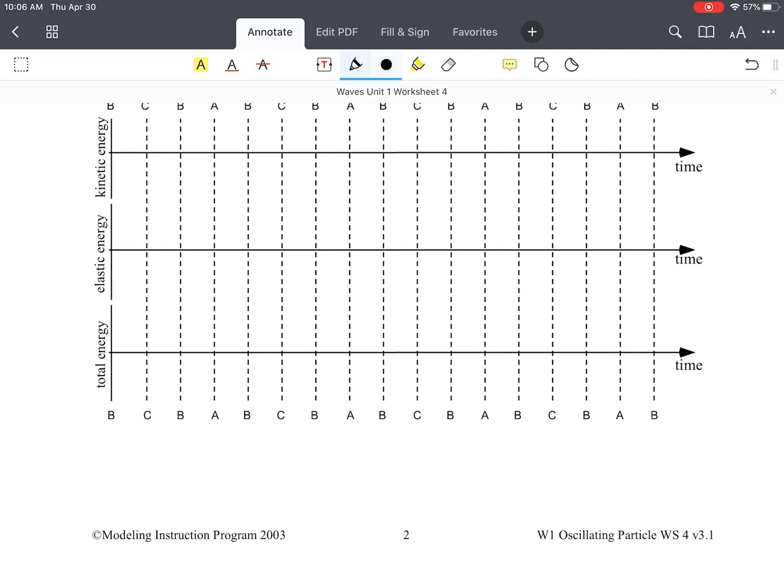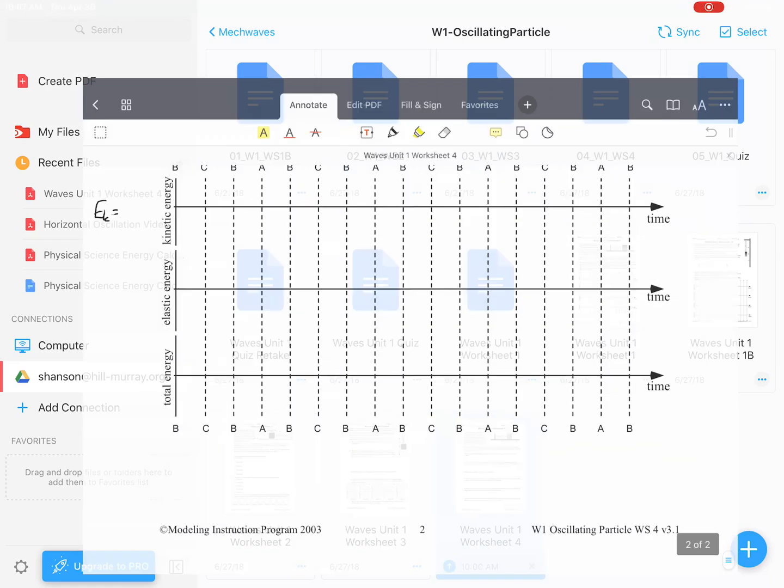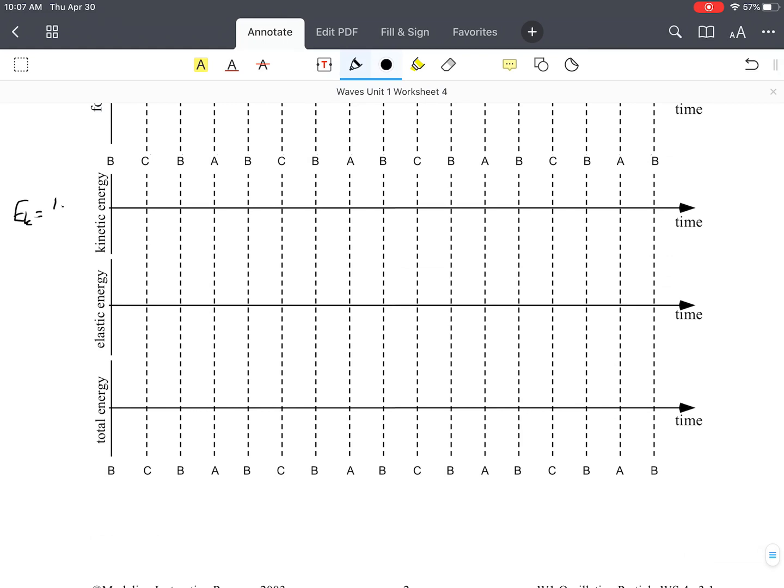Now, kinetic energy, if you recall, is related to velocity. In fact, it's 1/2 mv squared. So as your velocity goes up, your kinetic energy goes up, and as your velocity goes down, your kinetic energy goes down.